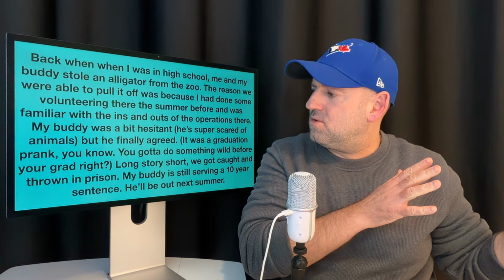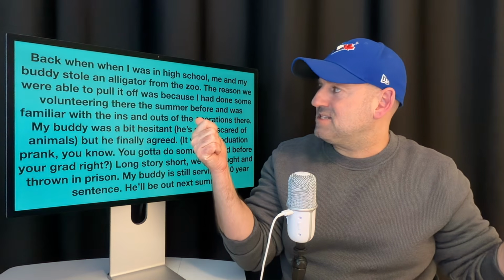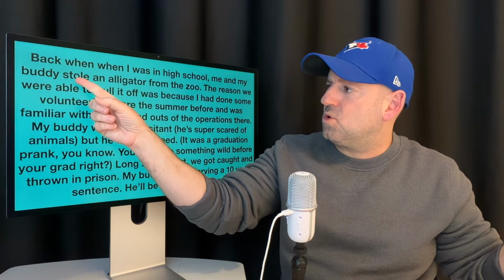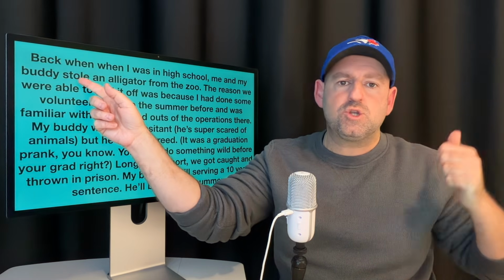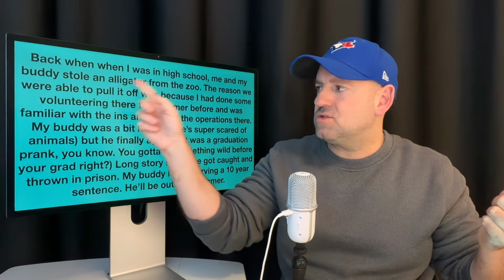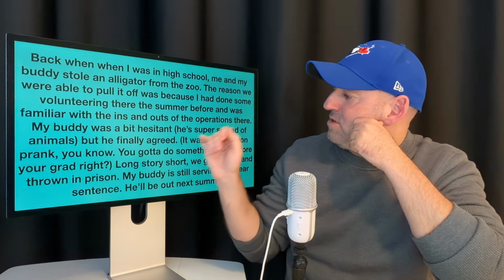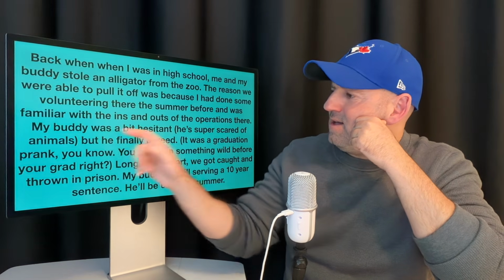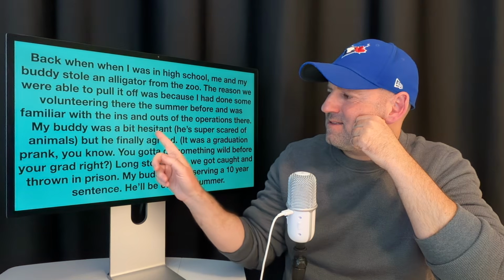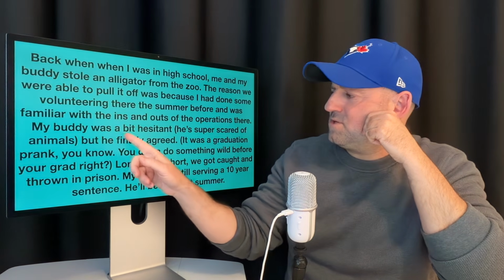So I'm using a lot of simple past verbs. For example, stole. Me and my buddy, we stole an alligator from the zoo. Okay, so that's a simple past, but notice this one. Look at this. My buddy was a bit hesitant. Okay, here's another simple past verb.